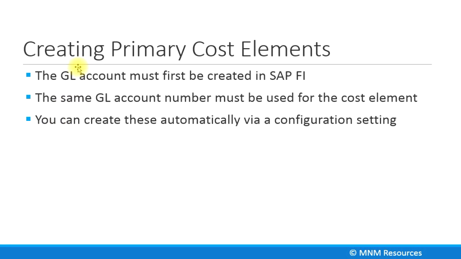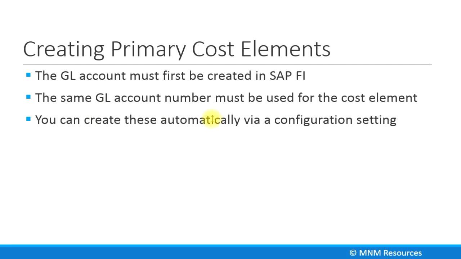Let's look at creating primary cost elements. So to create the primary cost element, remember you're creating this for financial accounting, general ledger, expense and revenue accounts. So they must be created first in the SAP FI module. And you need to use the same GL account number. If you're using a 6-digit format for your expense account and it starts with, let's say, 501010, then that same ID 501010 must be used as a cost element ID.